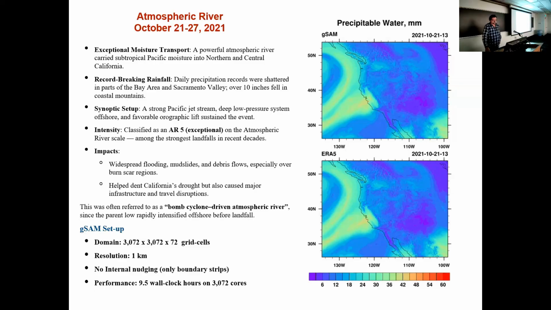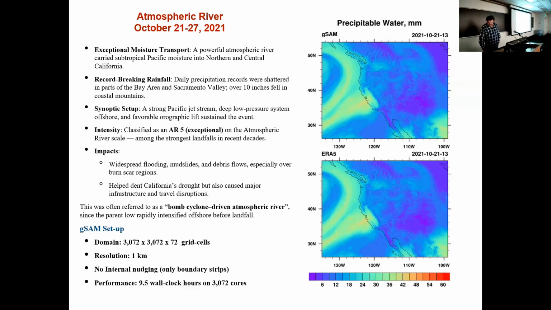The domain was 3,000 by 3,000 kilometers with 1 kilometer grid spacing. This is a relatively expensive run; it takes about 9-10 hours of wall clock time to simulate the period from October 21st to October 27th using 3,000 cores.